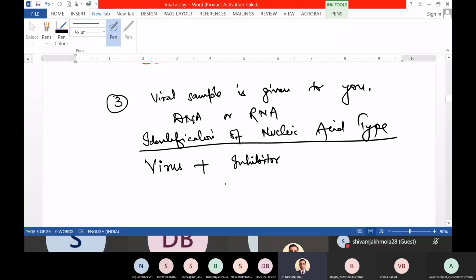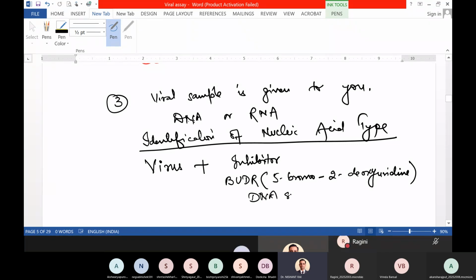Here I am taking an example which is very commonly used in the laboratory: BUDR. BUDR stands for 5-bromo-2-deoxyuridine, which is an inhibitor of DNA synthesis.